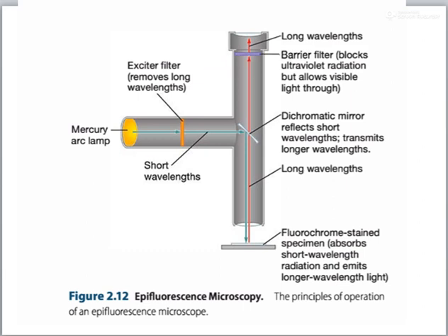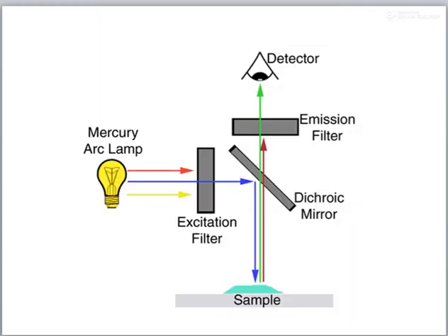So I guess you have an understanding of what epifluorescence microscopy is. I will show you another depiction of the same thing. You have the mercury arc lamp here, which emits different lights, both short and long wavelength light, but only the short wavelength light is needed to excite the specimen.